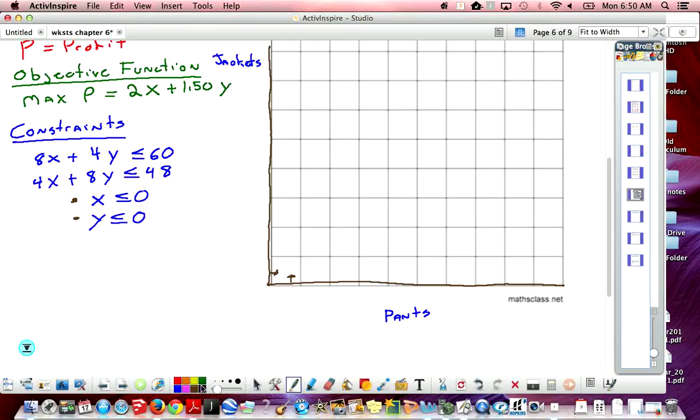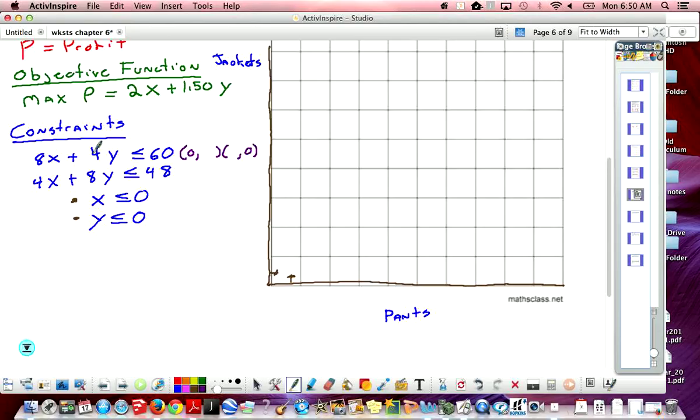Next up, I'm going to graph the constraints by finding their x and y intercepts. So on the first one, what I like to do is I like to let x equal 0 and then solve for y. Let y equal 0. So what I do is I cover this 8x up because 8 times 0 is 0.